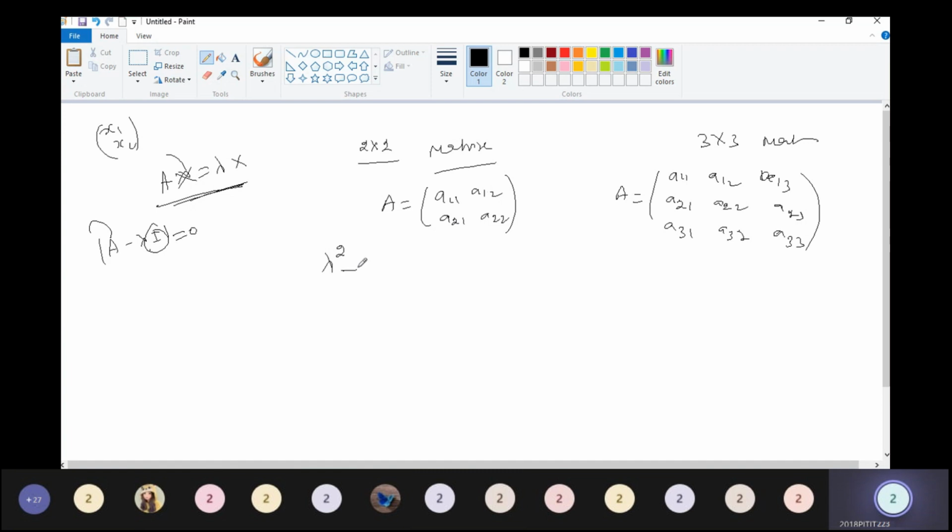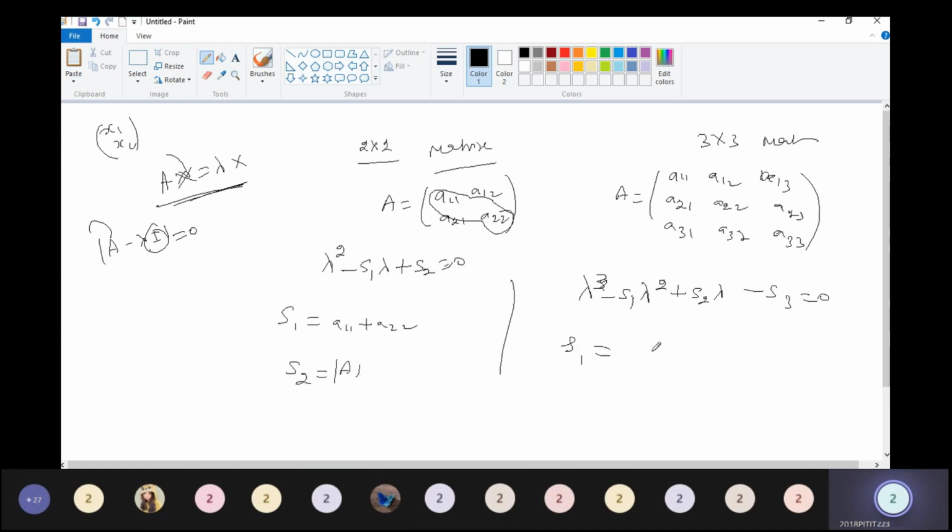For a 2 by 2 matrix, lambda square minus s1 lambda plus s2 equal to 0. So s1 equal to the sum of the main diagonal elements, a11 plus a22, and s2 equal to determinant of A. And for a 3 by 3 matrix, lambda cube minus s1 lambda square plus s2 lambda minus s3 equal to 0.